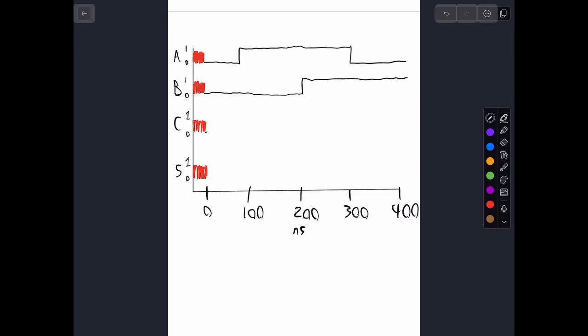We can ignore the delay in our diagram just because it's so small. So just right here, there's a little stretch that it goes high for, and it goes back down. And notice there's a 3 nanosecond delay going from here to here, and a 3 nanosecond delay here to here.